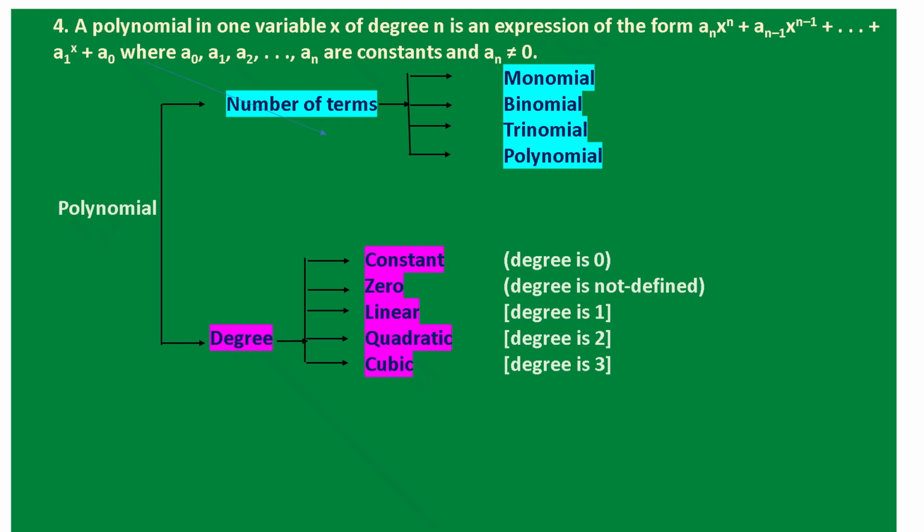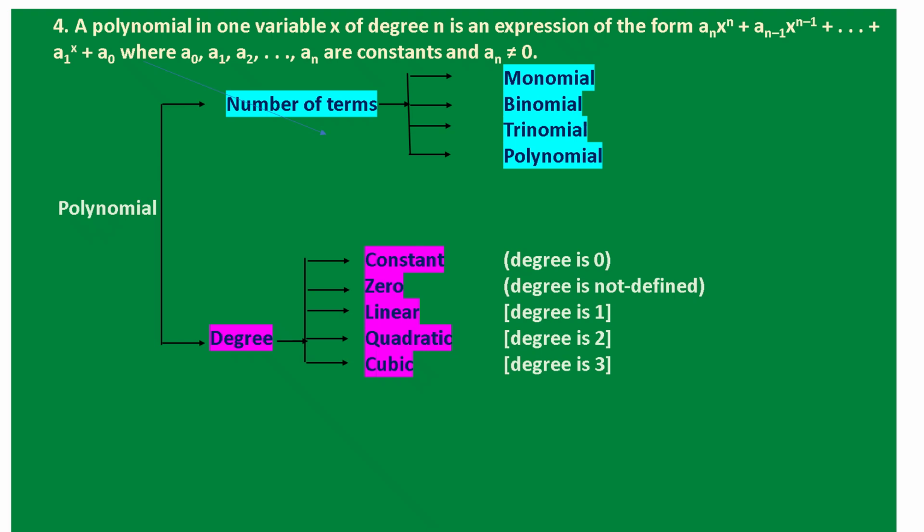Looking at the screen, you can understand how a polynomial is classified based on what? Based on the number of terms, it is divided into a monomial or a binomial or a trinomial or a polynomial. Based on the degree also, the polynomials can be classified into constant when the degree is 0, a zero polynomial when the degree is not defined.